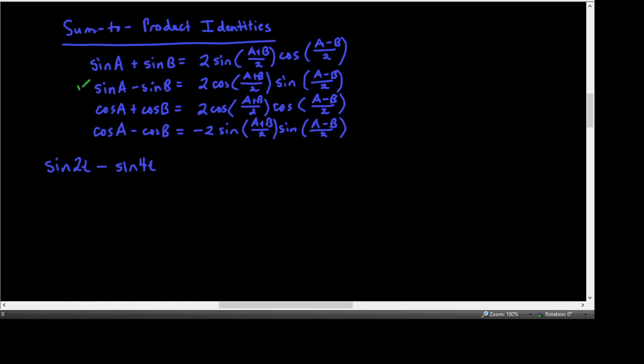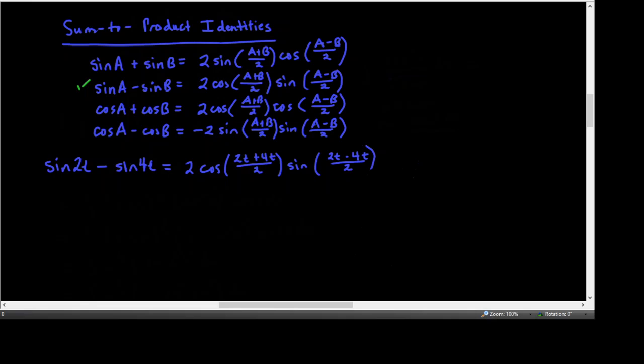So according to that second one, this will become 2 cosine of A, which is 2t, plus B, which is 4t, over 2, times the sine of A, which is 2t, minus B, which is 4t, over 2.